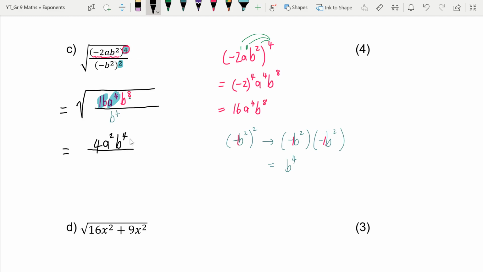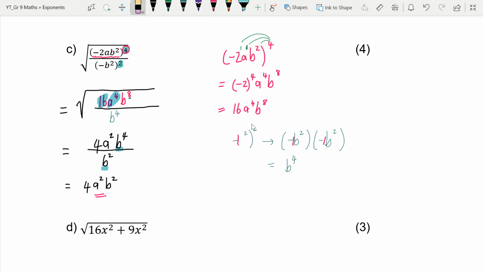Because b to the power of 4 times b to the power of 4 would give you b to the power of 8. And then for the denominator, that gives us b squared. Now, because we've got some bases over here that are the same, we can simplify that one step further. So it would be 4a squared, and then b to the power of 4 minus 2 would be 2. And there would be our final answer.